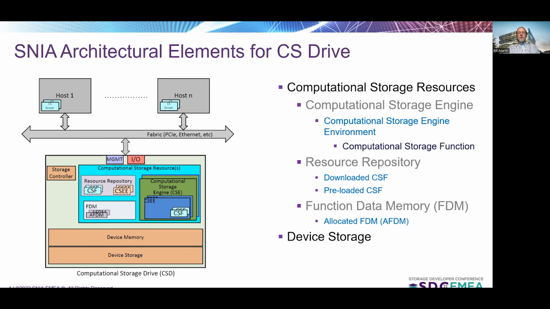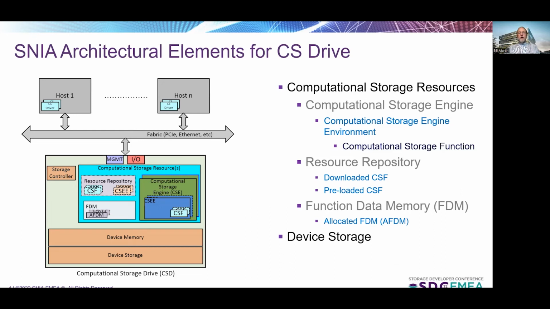Next, we have the function data memory. The function data memory is the memory where all data for use by the computational storage engine resides. That data is then allocated to a particular computational storage function execution, and that data, once it's allocated, is allocated function data memory.